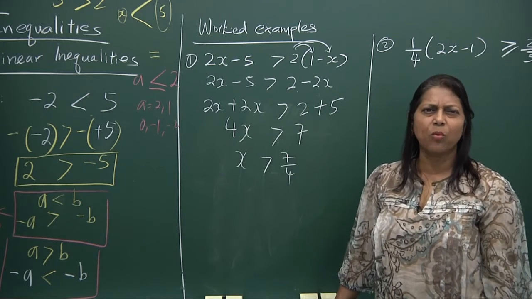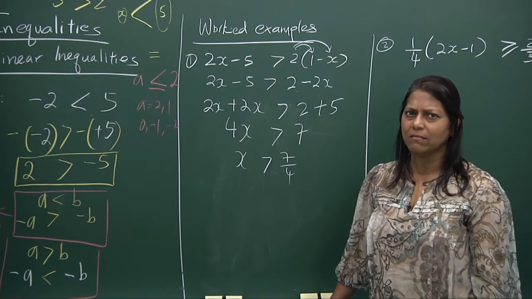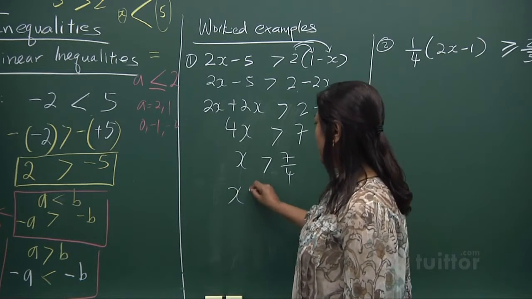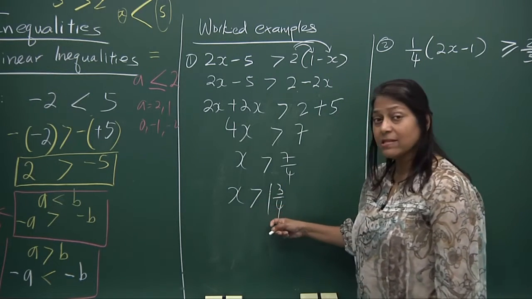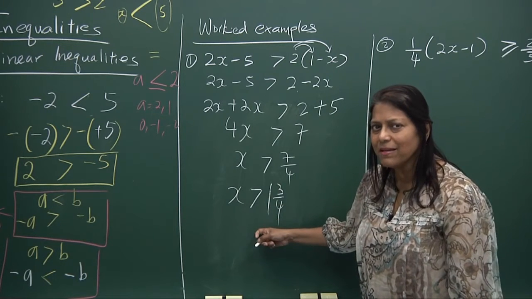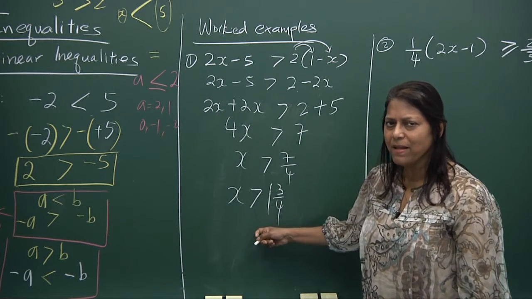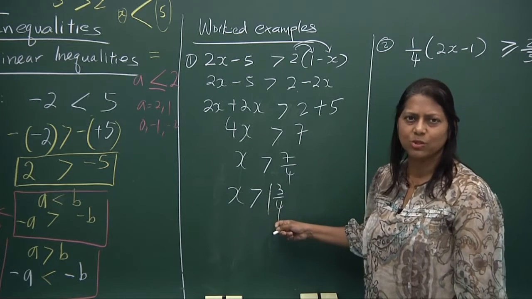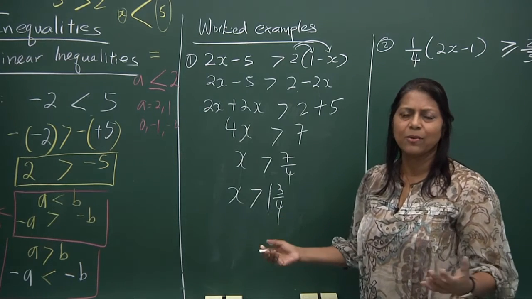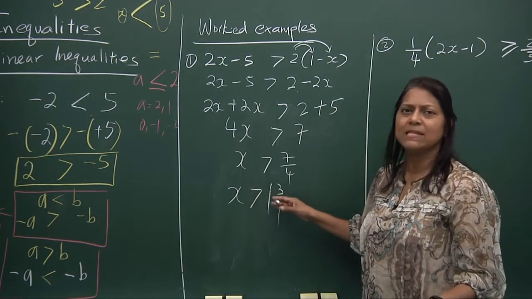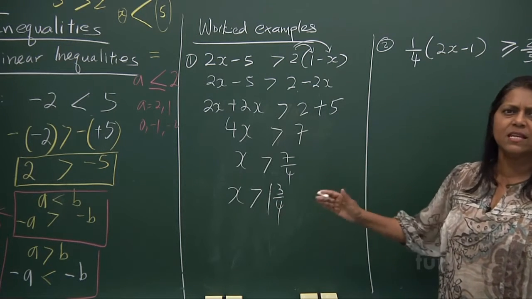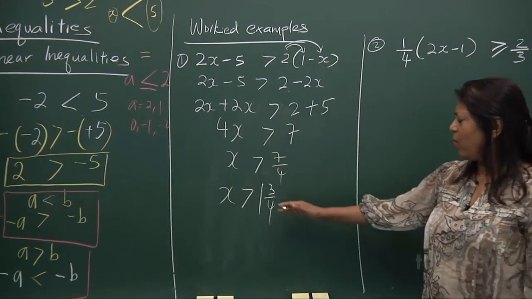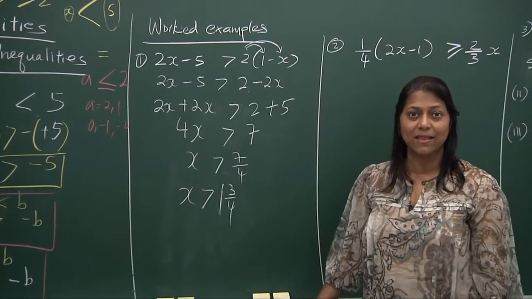7 over 4 is about 1 3/4, right? So if they tell you, what is the smallest prime number here? X will be 2. Of course, I can't tell you what's the largest prime number because it's never ending. 2, 3, 5, 7, 11, 13 goes on and on, the whole list as long as it's greater than that.